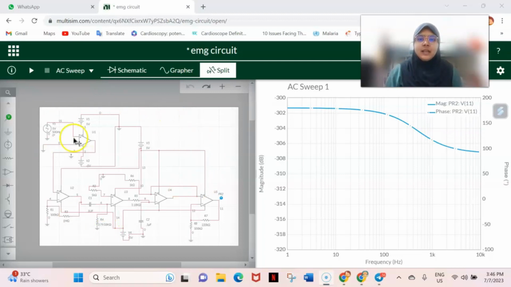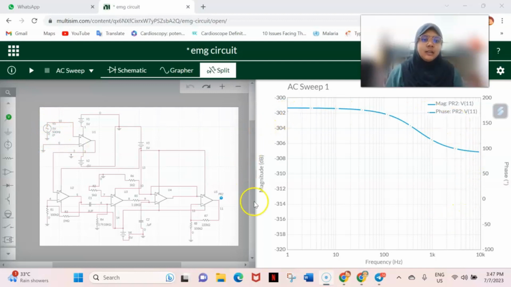Today I would like to explain our result for the EMG circuit. As you can see on my left side, this is the circuit of the EMG. We are using Multisim Online, and the right side is the waveform of the EMG, which is the output. We use the AC sweep, and for the input voltage, we use 5 volts, and the frequency is 500 Hz.